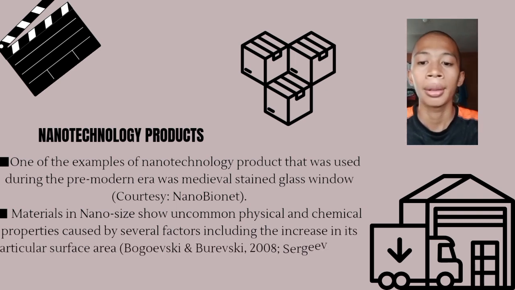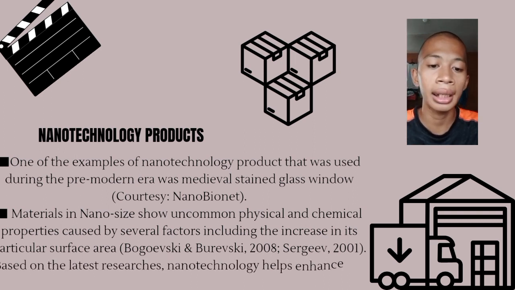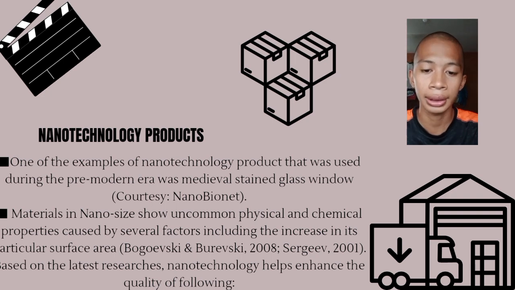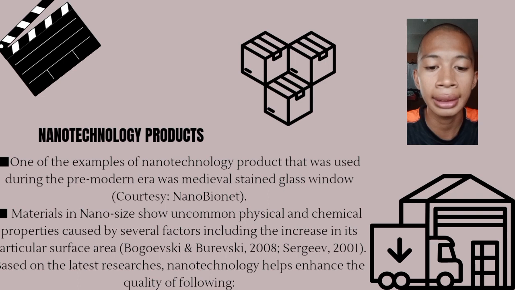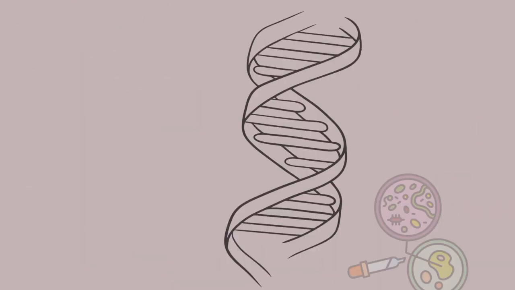Nanotechnology production. Materials in nanosize have uncommon physical and chemical properties caused by several factors, including the increase in their particular surface area. Based on the latest research, nanotechnology helps enhance the quality of the following: biomaterials, ceramics, metals, polymers.